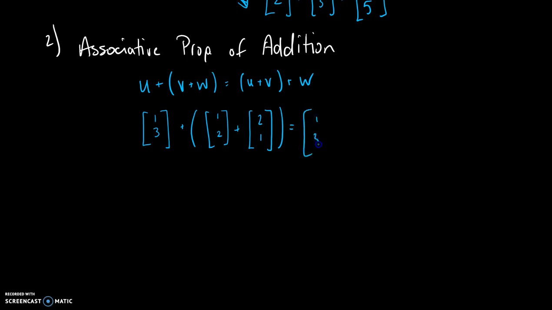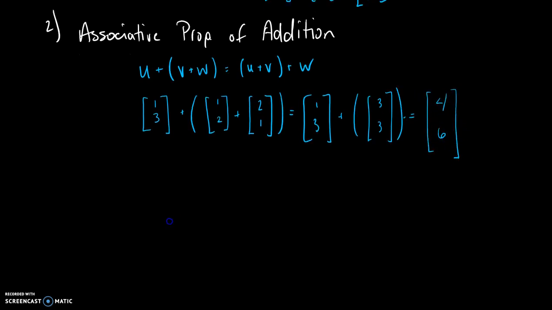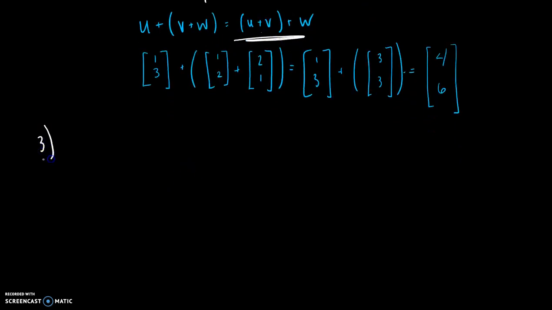That's equal to (1, 3) plus, in parentheses, what we're going to be left with is (3, 3). Alright. And so that is equal to (4, 6). And for the sake of time, I'm going to leave it up to you to verify the other side of this. So now let's keep going.